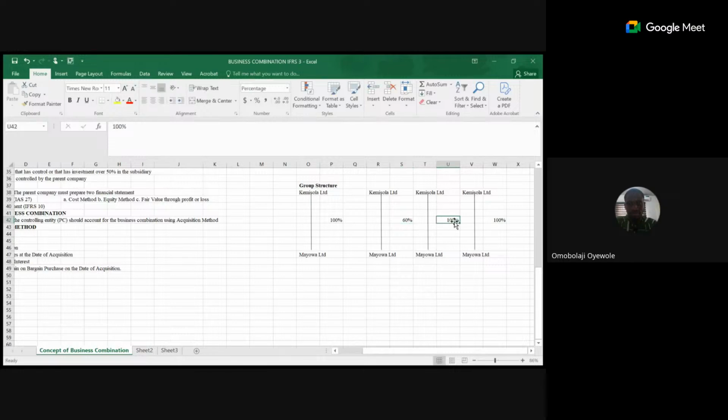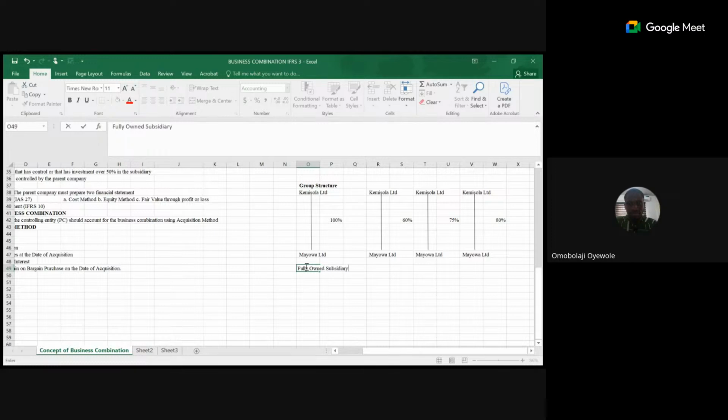Let's make this one 75%. And let's make this one 80%. So, if you look at the first group structure, Kemisola Limited acquired Mayowa Limited. How many percent? 100%.